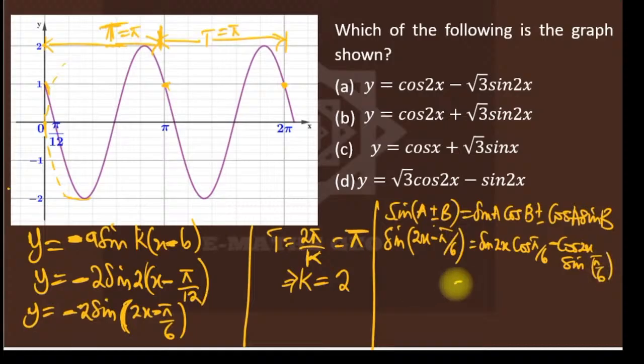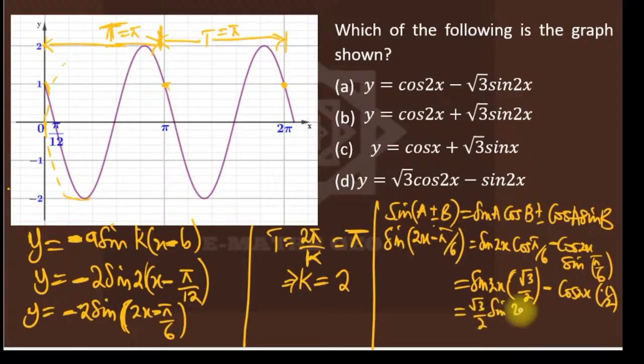Cos 2x sine pi over 6. So let's check the value. Sine 2x cos pi over 6, which is cos 30, is root 3 over 2, minus cos 2x sine 30, which is half. So you see that this is equal to root 3 over 2 sine 2x minus half cos 2x.